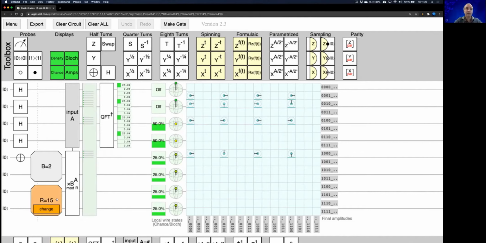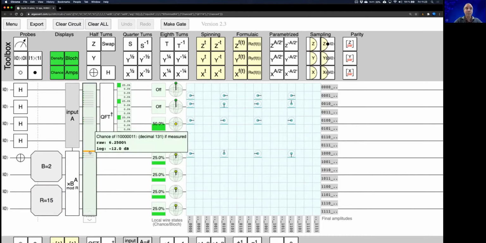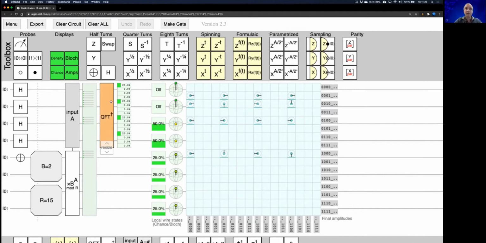Because now we are taking the mod 15, we obtain exactly elements which are 4 units apart. And this is what we recover with the inverse of the quantum Fourier transform. Here you see that the possible results are 0, 4, 8, and 12, okay? Which is the result of multiplying 2 to the power 4, which is the number of qubits that we are using here, times a fraction which has in the denominator the period 4 that we have here.